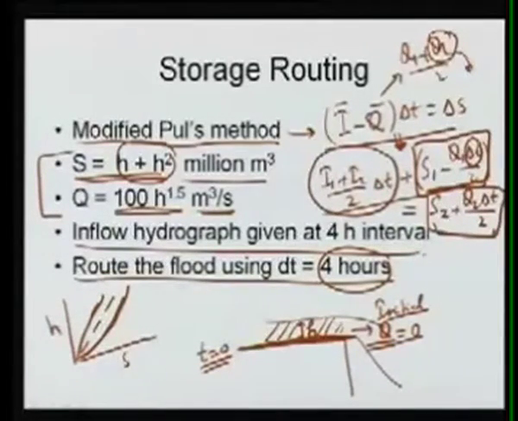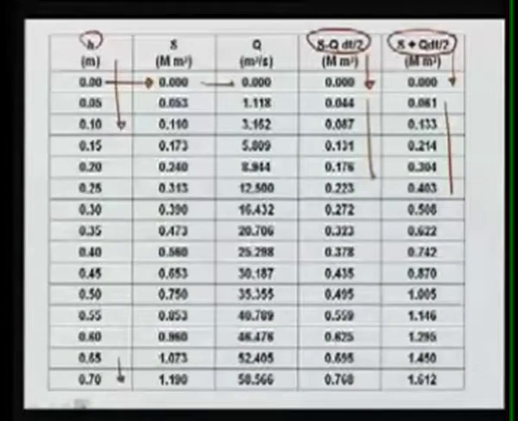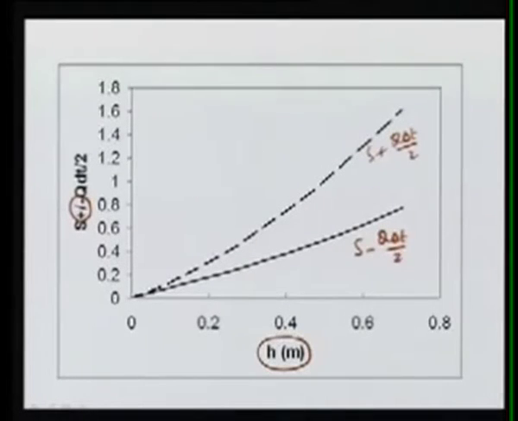Now S minus Q delta T by 2 will be known for the starting value of H. I bar delta T we can obtain from the inflow hydrograph, and therefore we can get this value of S plus Q delta T by 2, and once we know this value, the corresponding value of H can be obtained from this figure.